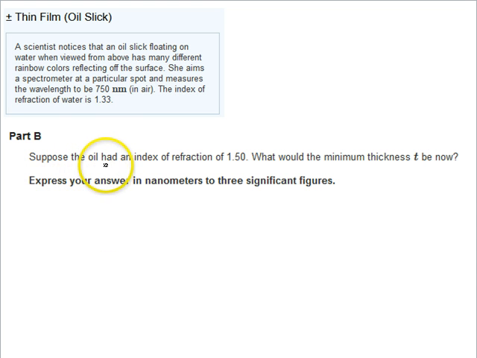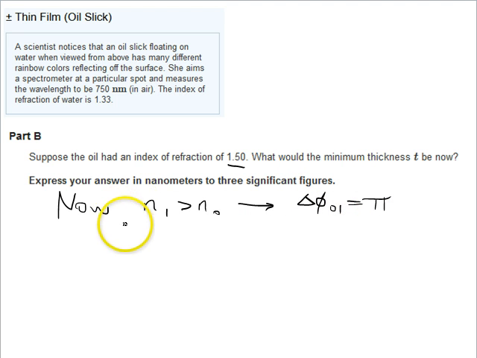Okay, part B says suppose the oil had an index of refraction of 1.50. What would be the minimum thickness t now? So now what you've got is that n1 is still greater than n sub 0, so that means that the delta phi from the air into the oil is still pi, but n2 now is less than n1.